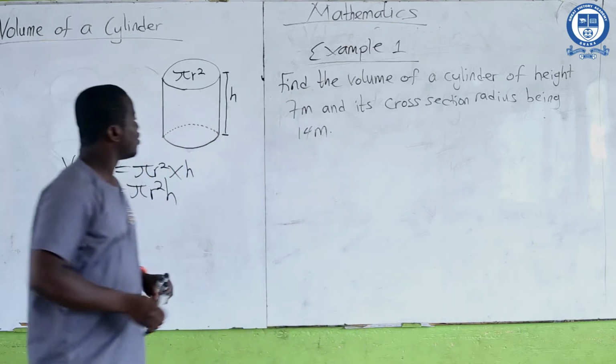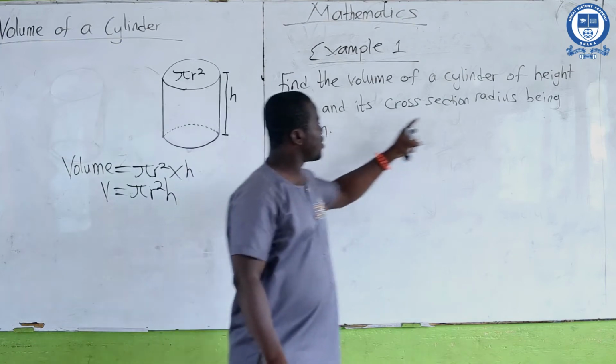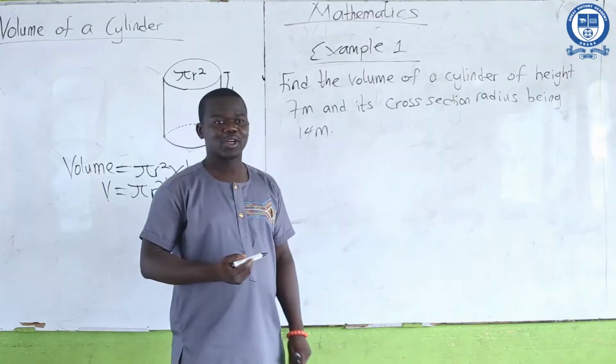Okay, so find the volume of the cylinder of height 7 meters and cross-section radius being, of course, 14 meters. Solution.